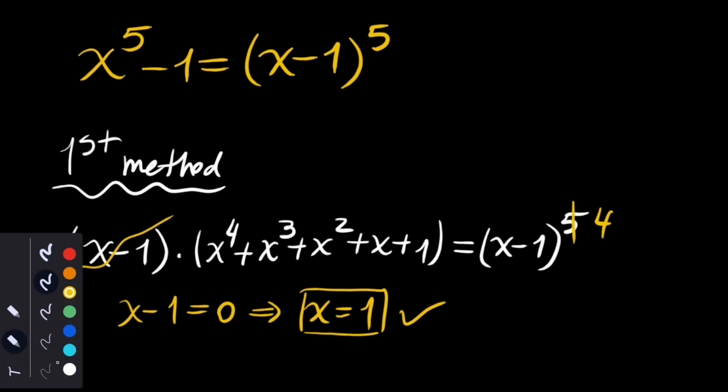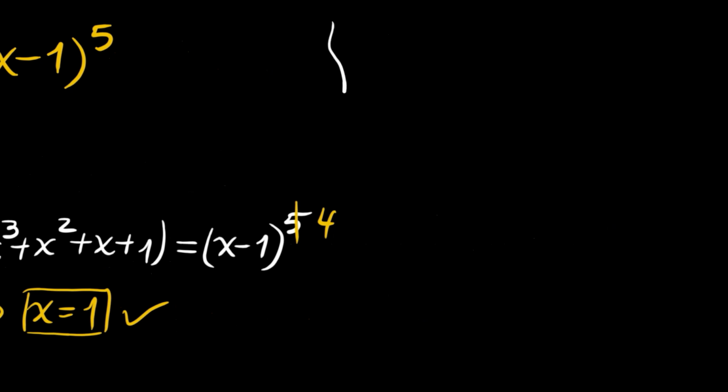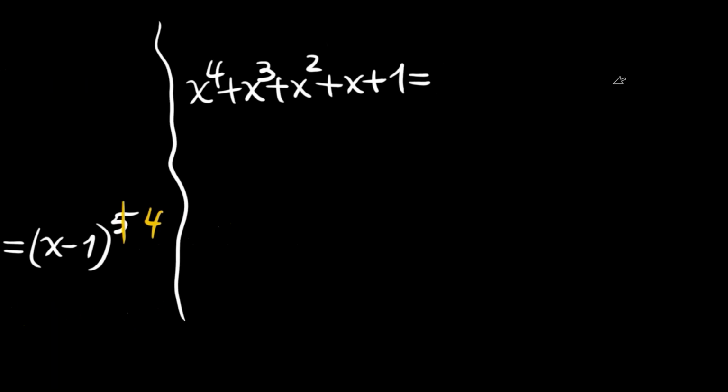Now let's continue with x to the fourth power plus x cubed plus x squared plus x plus 1. This is equal to (x minus 1) raised to the fourth power. Now we can expand the right hand side with the binomial theorem.